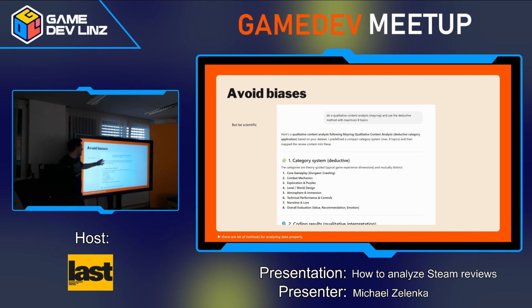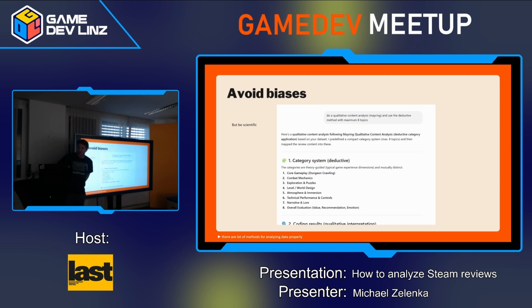So for instance there is a method, the qualitative content analysis according to Mayring, which is a common analyzing method, but there are several other methods. You just look up what fits you best. In this case, I told the AI that according to this method, it should use the deductive category. There is also the inductive category, and it does it.